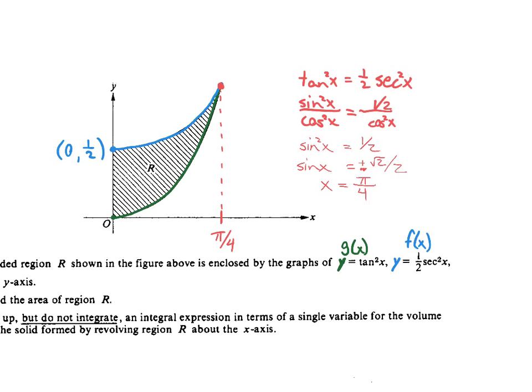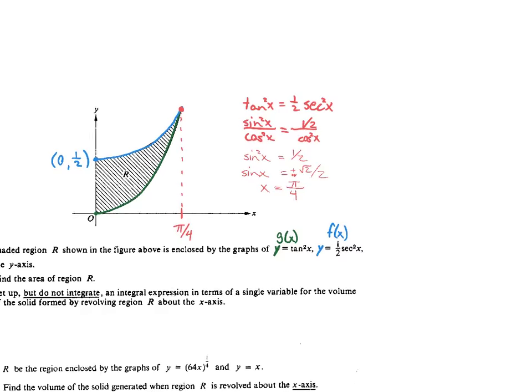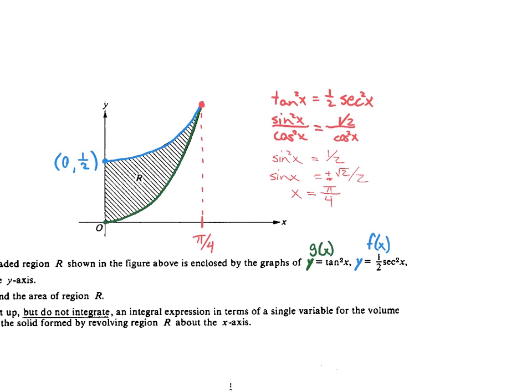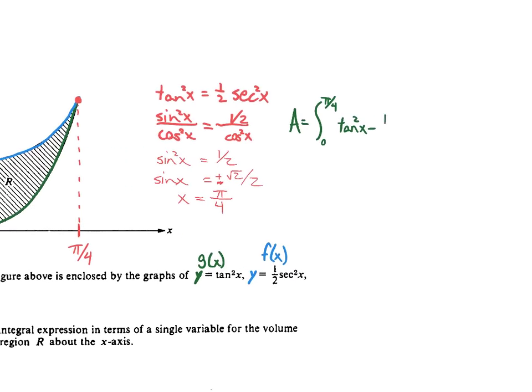Now, to find the area between, you're simply taking the integral of the top minus the bottom. So in this case, the area is going to equal the integral from 0 to pi over 4 of tangent squared x minus 1/2 secant squared.